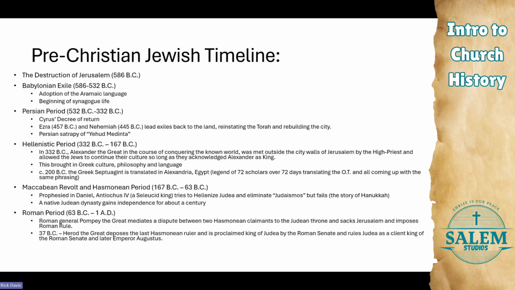Now the eastern provinces of the Seleucid Empire are later overthrown by the Parthian Empire, but the Seleucid Empire lasts all the way up until the 1st century BC, when we'll talk about the next period.